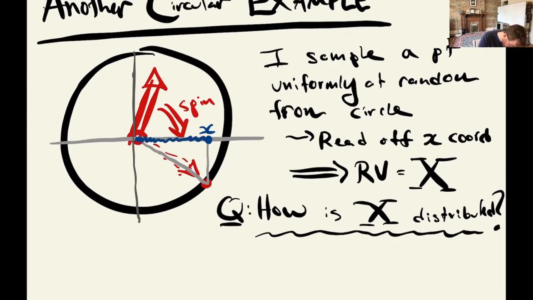It's going to be the same thing as integrating the probability that x lands inside of these two arcs.